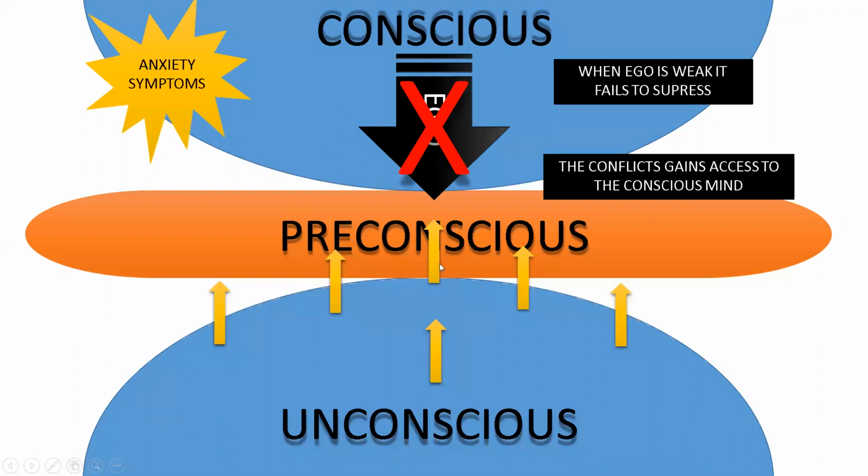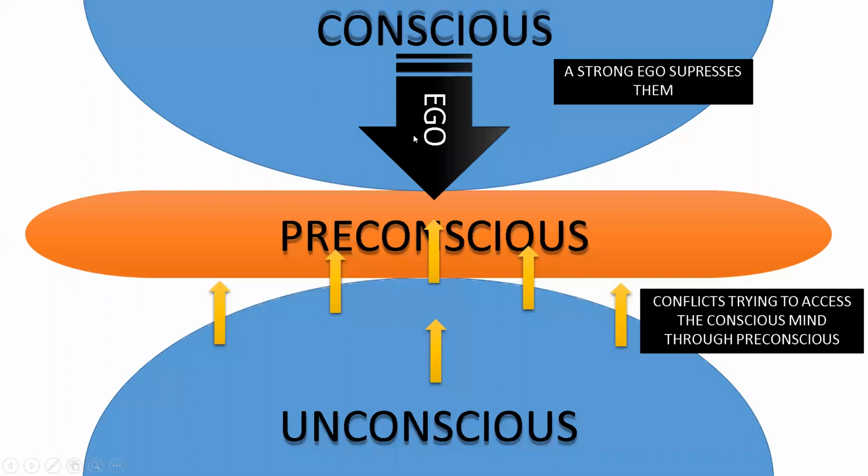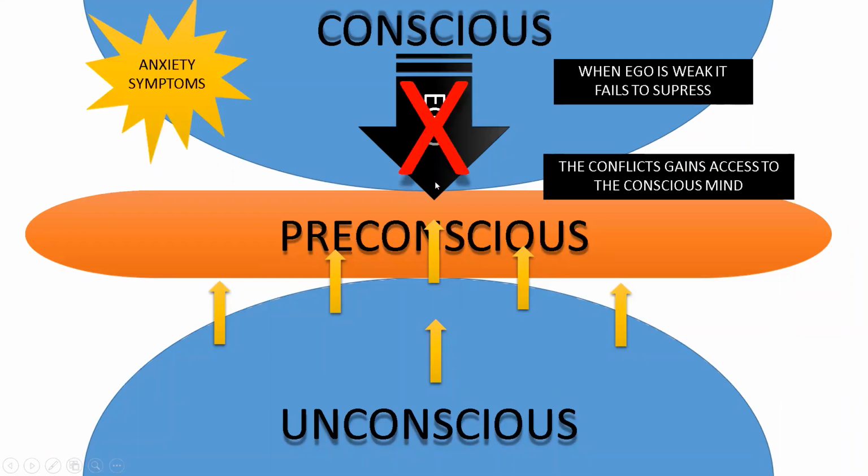Earlier it was strong and suppressed them, but if you remove the ego, then the thoughts from the unconscious reach the conscious level. Because of this, they gain access to the conscious mind, and anxiety is mainly caused this way in the psychoanalytical view.